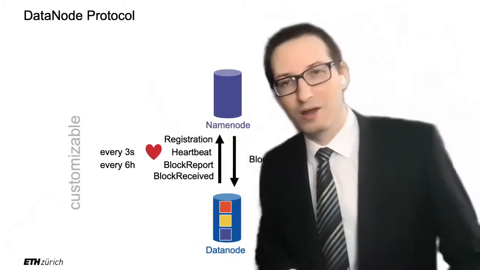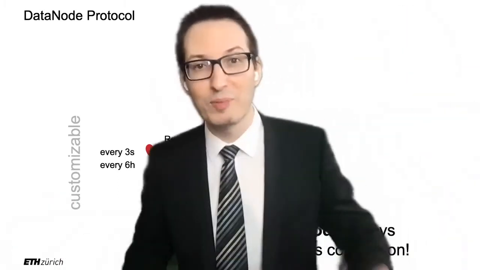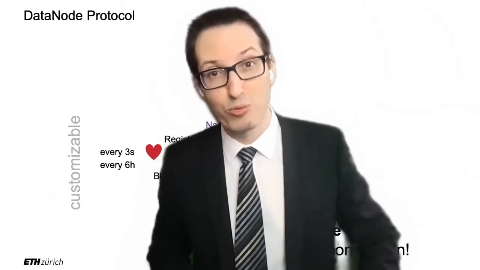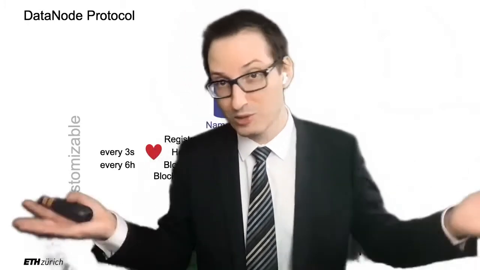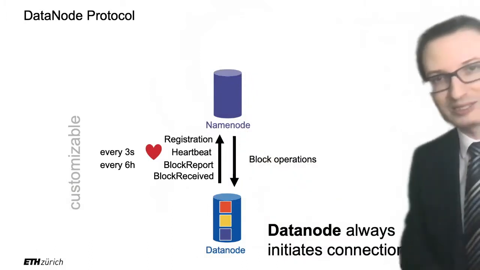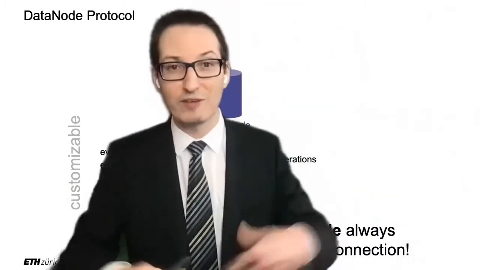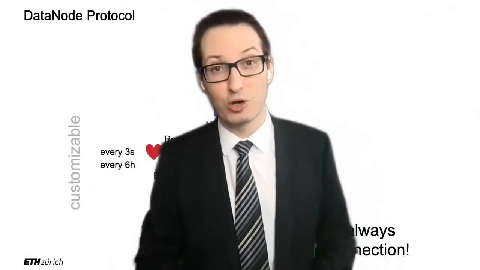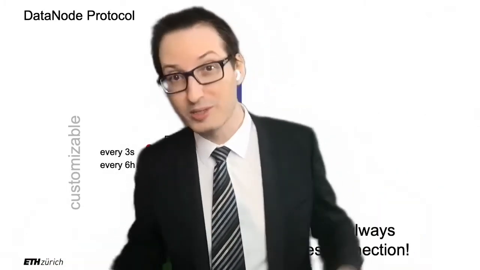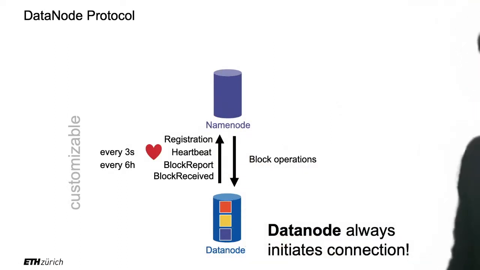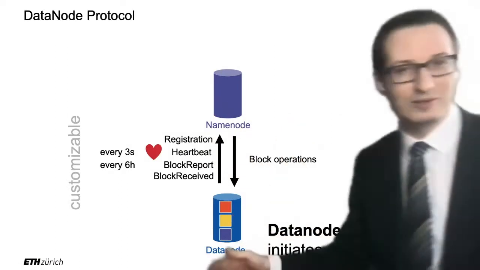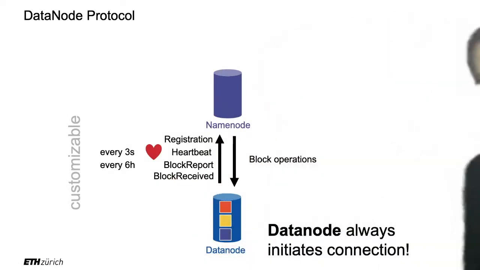By the way, please, for example, replicate that block. There's only 2 of them. We need 3. Please make a copy of it on your machine. That's an example of instruction that the name node can give to a data node, right? Or maybe it can give the instruction, okay, we have too many of these replicas for that block. Please delete one. Right, that's another instruction that the name node can give to the data node. You see, it's low level. This is just how they communicate with each other.